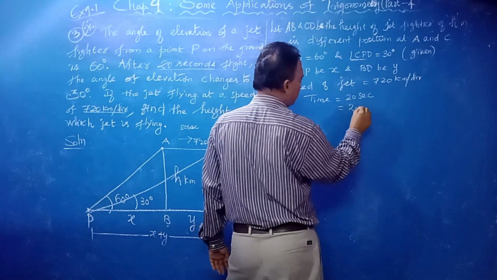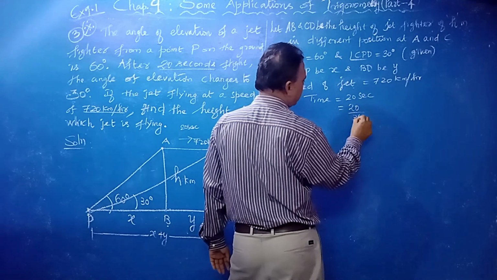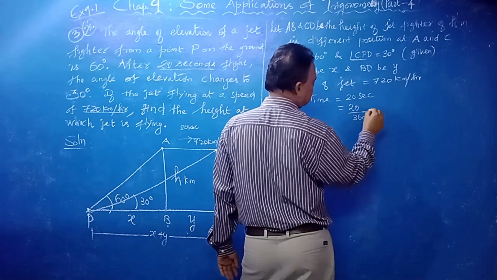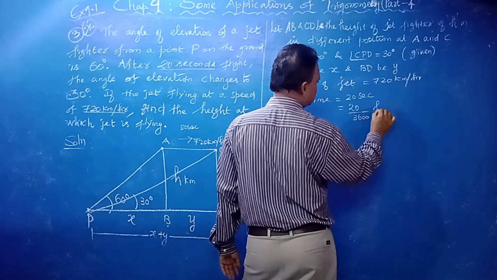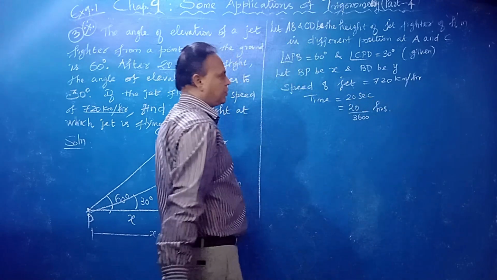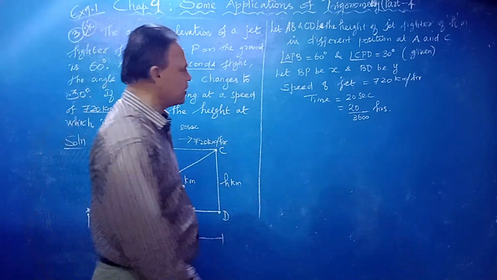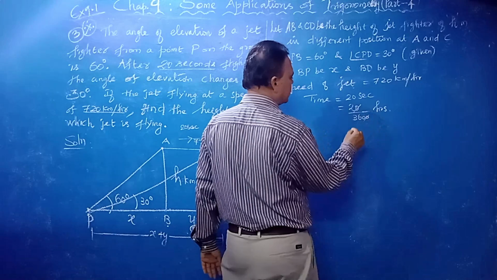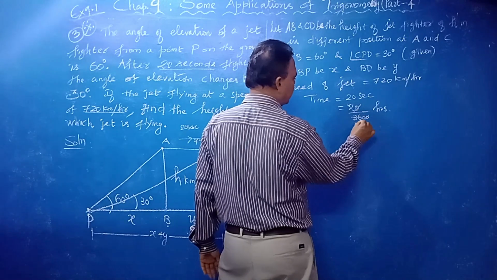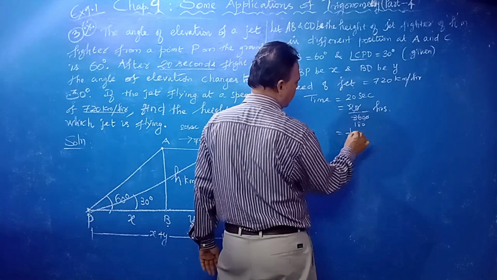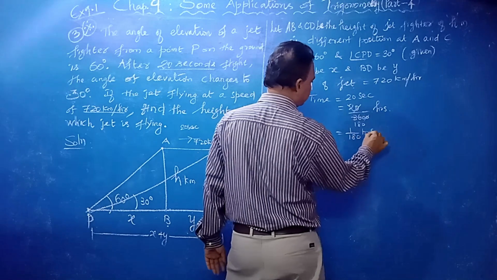That means to change into hours, divide by 3600 hours. Clear? Small to big unit means you have to divide. Here you can cut, here also 2 table you cut, means 180. 1 by 180 hours.